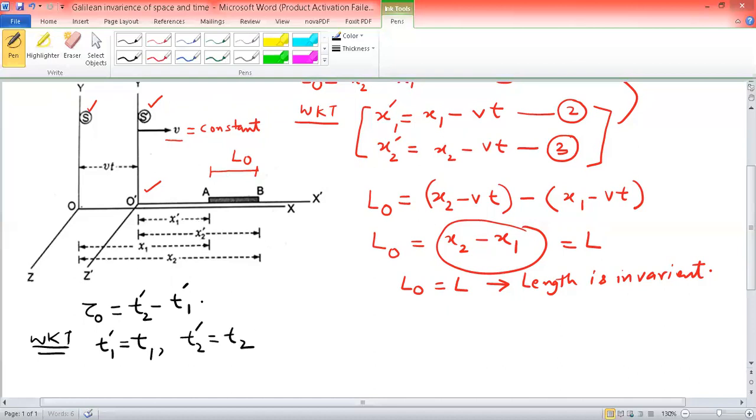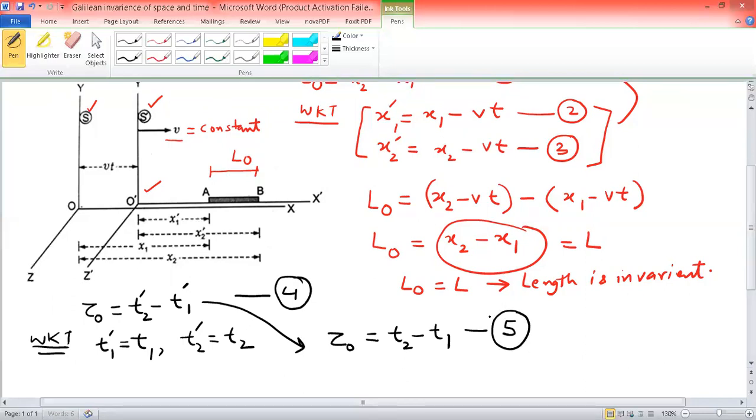So we will replace this equation with the times of frame S to get t2 minus t1. Now you can see I am marking the equation of time with respect to S prime as 4 and the equation of time tau naught with respect to the frame S as equation number 5, and you can see that both times are equal.